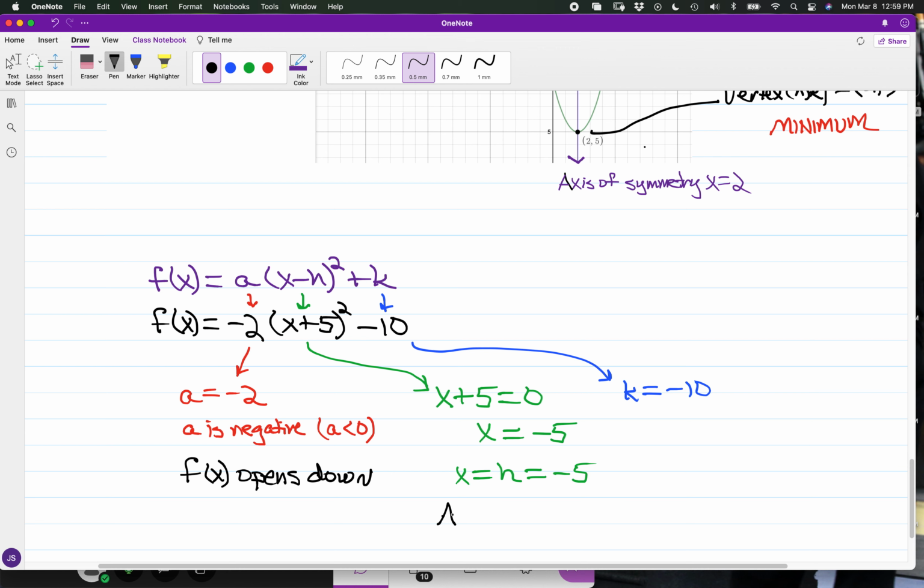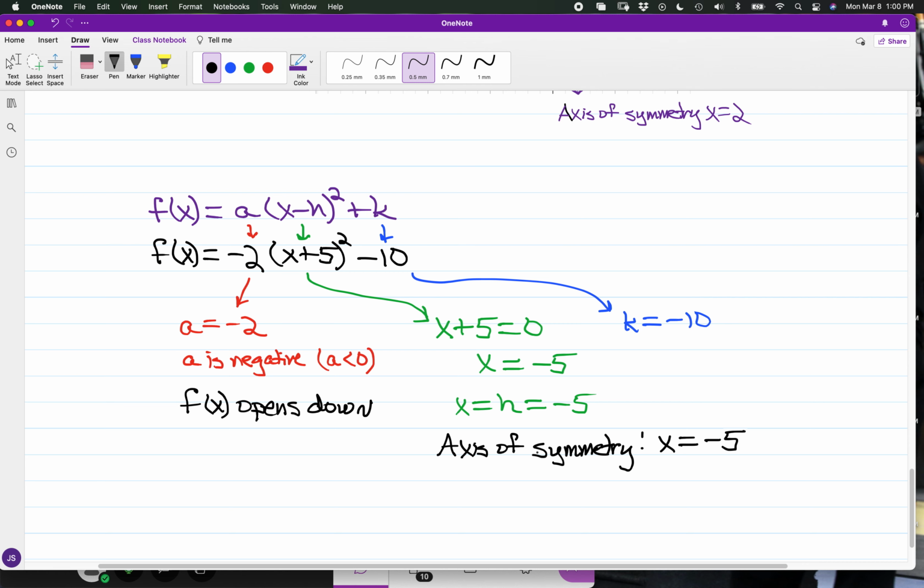And for the axis of symmetry, this is going to be x is equal to -5. Combined with k, we're able to arrive at the vertex, and the location of the vertex is going to be at -5, -10.